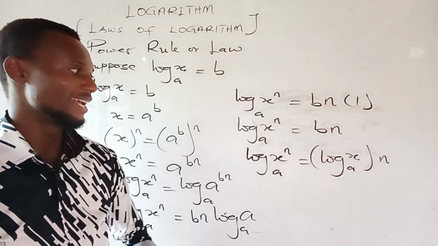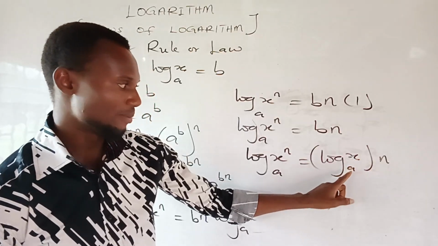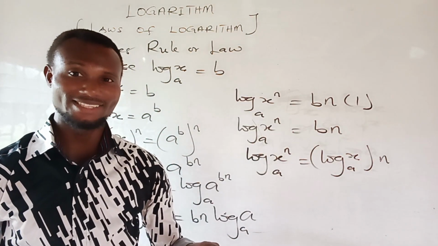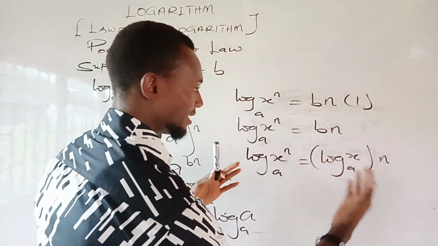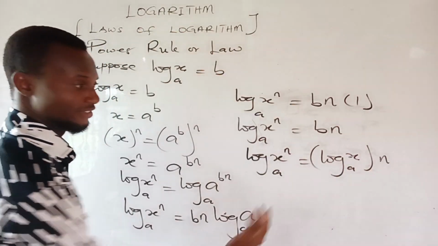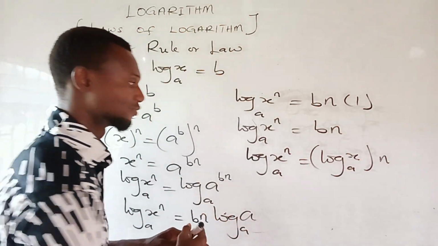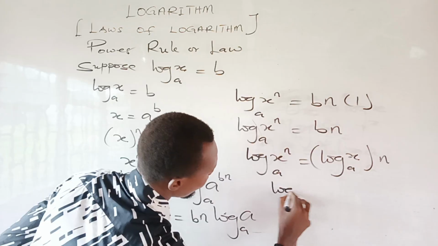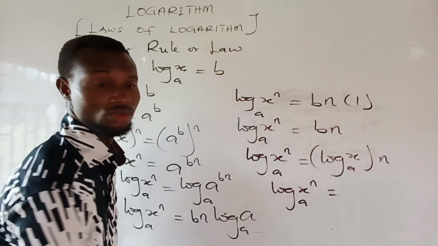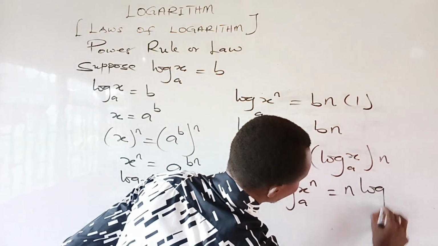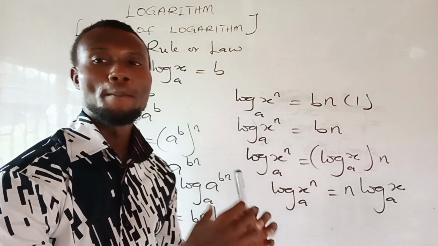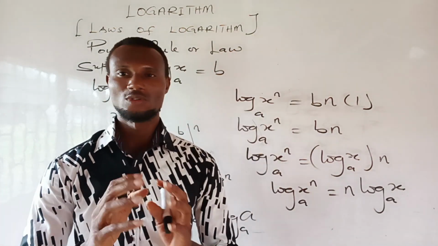The value of b is log s to the base a, and the n should come and multiply it. As simple as that. I hope you understand. Let's rewrite it in a nicer way, so that this n will come in front of the log, because it's multiplying. So I'm going to have log s to the power n to the base a equals n log s to the base a, and this is the power rule of logarithm.